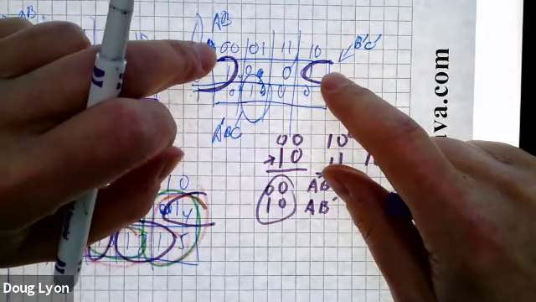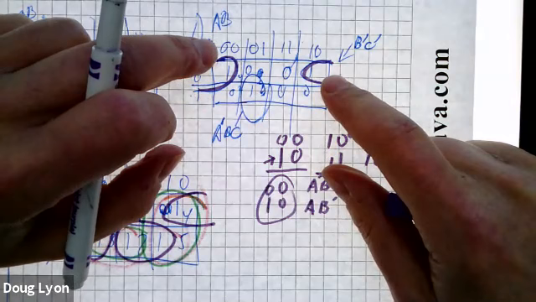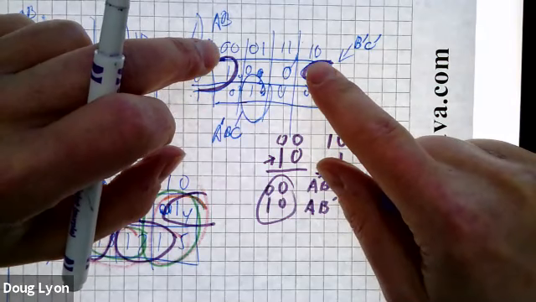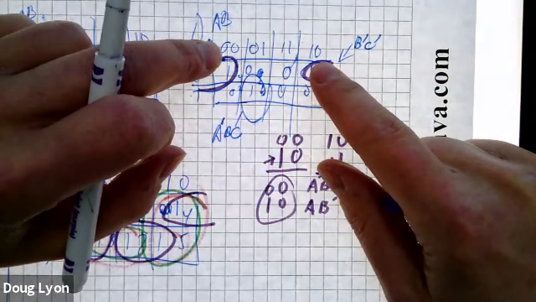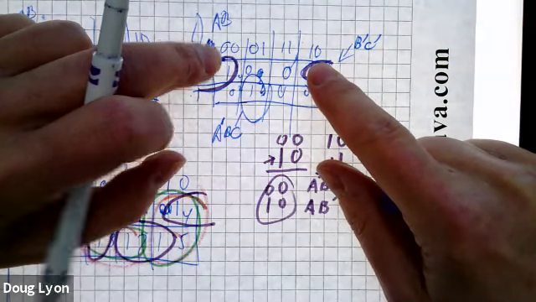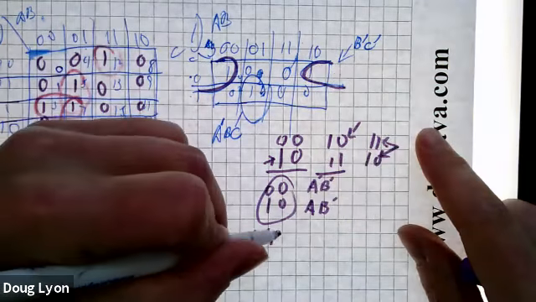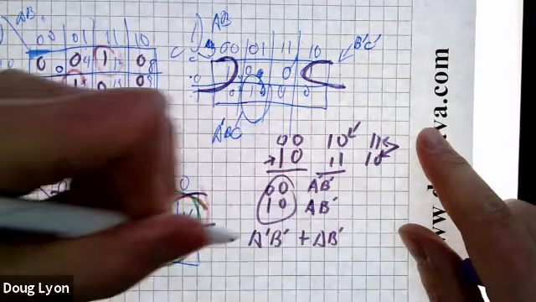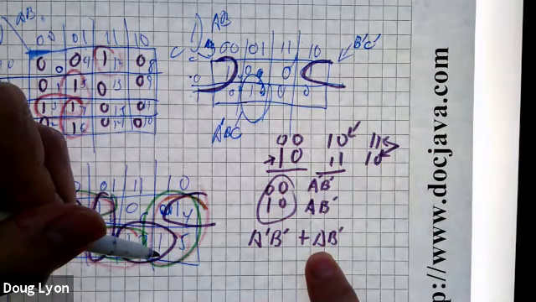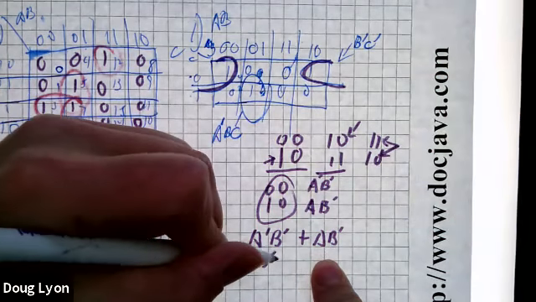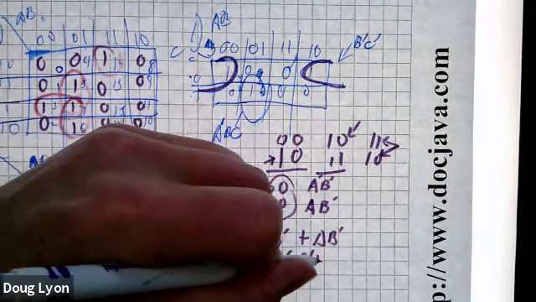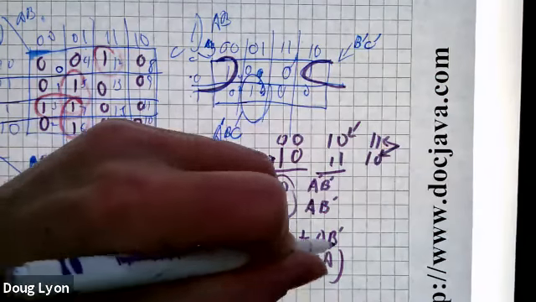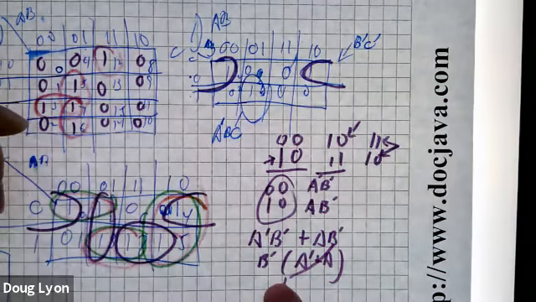And as I go from A prime B prime to A B prime, I can see how B prime can be factored out. And I can get a simplification.